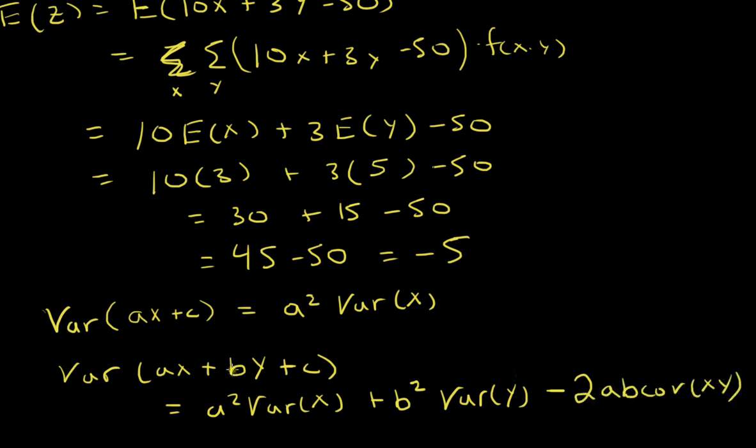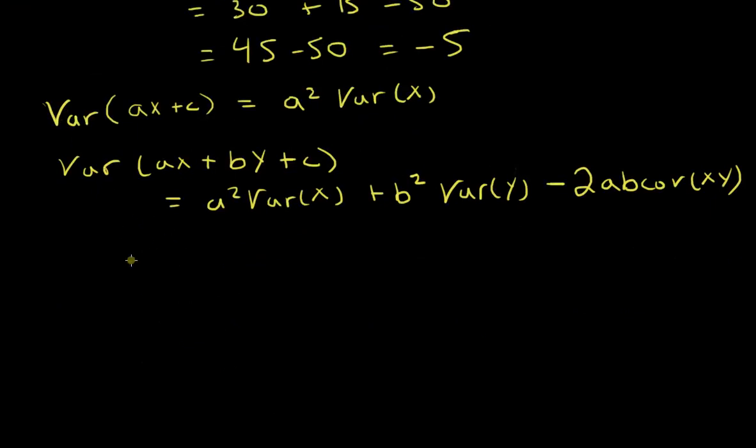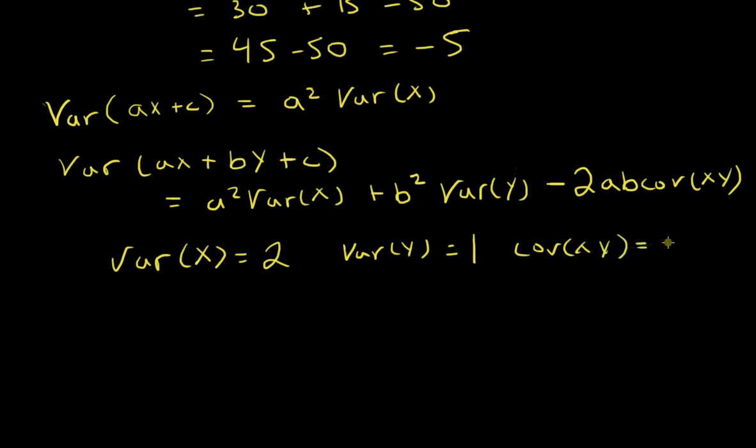Okay, so if I were to tell you that the variance of x equals 2, the variance of y equals, say, 1, and the covariance of x and y equals, I'll say, 0.8.